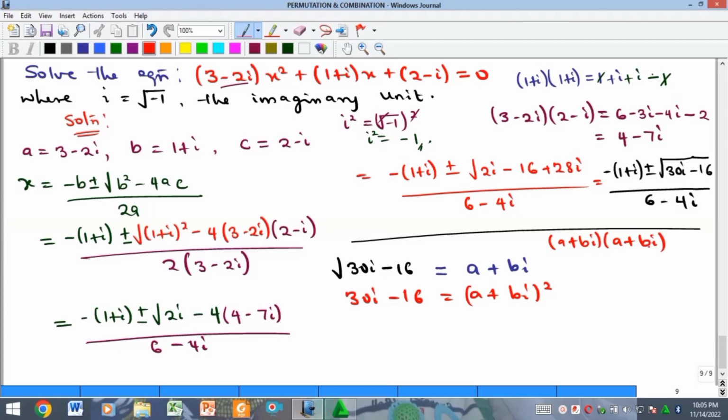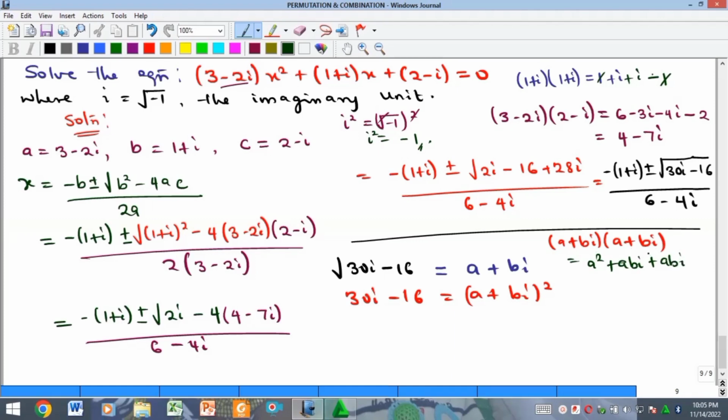And of course, by the time you do that multiplication, you are going to have a times a, which is a squared, a times bi, which is abi, then bi times a is also abi, and bi times bi is b squared i squared.